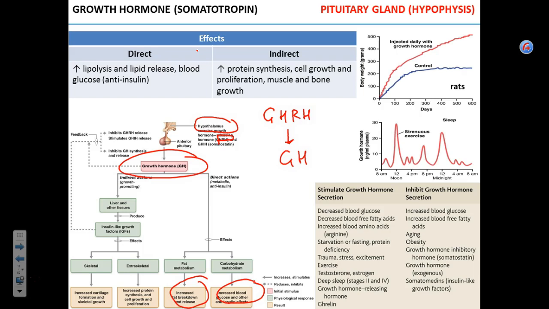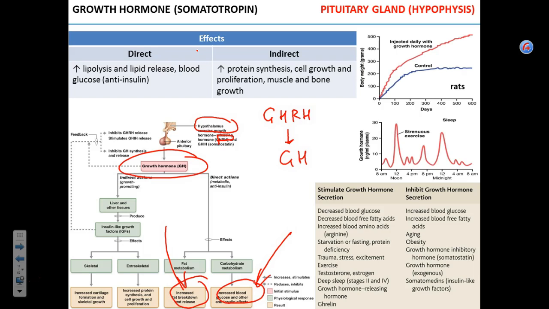Does that make sense? So essentially, elevated fat metabolism and elevation of the blood glucose are meant to provide the human organism with energy sources. Does it make sense? Because to grow, you've got to have energy.